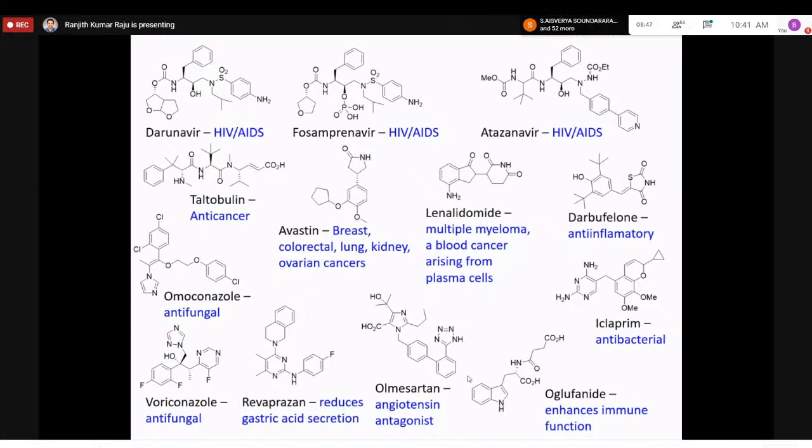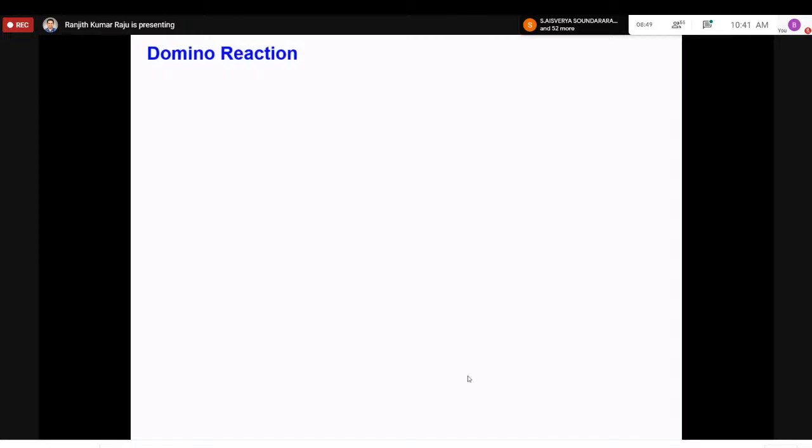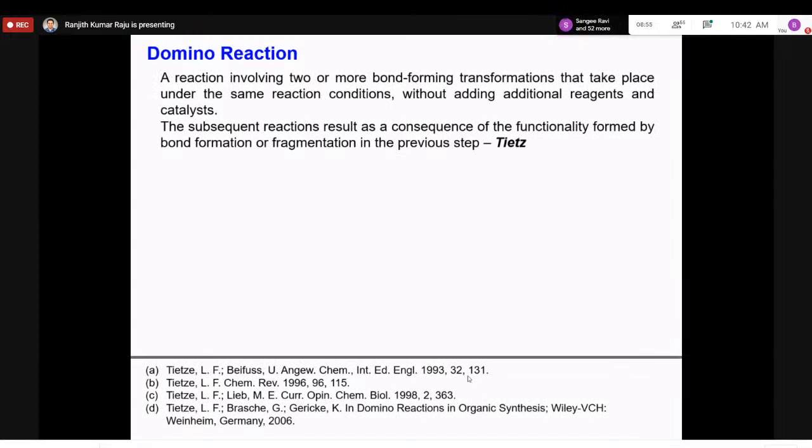So one such process is the domino reaction. Domino reaction means a reaction which involves at least two or more bond forming transformations, which takes place in the same condition, in the same pot, or you can say one pot, without adding additional reagents or catalyst.